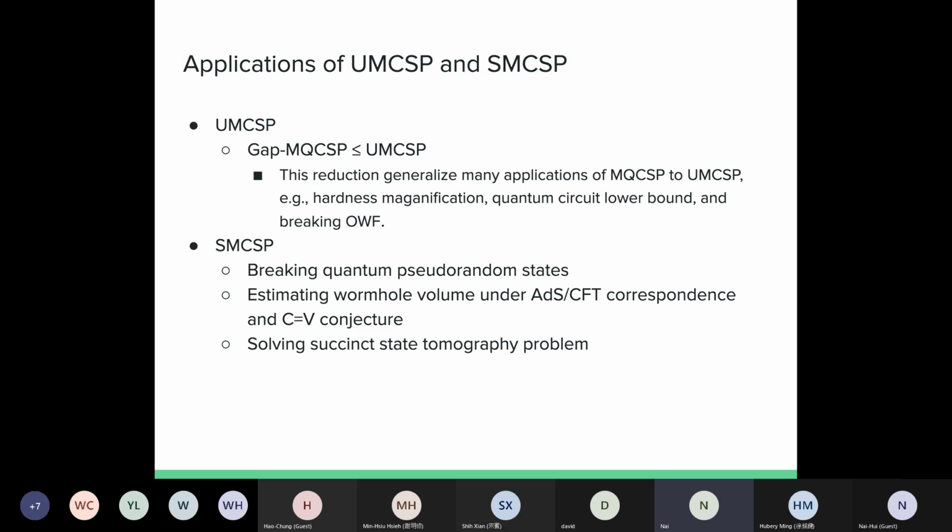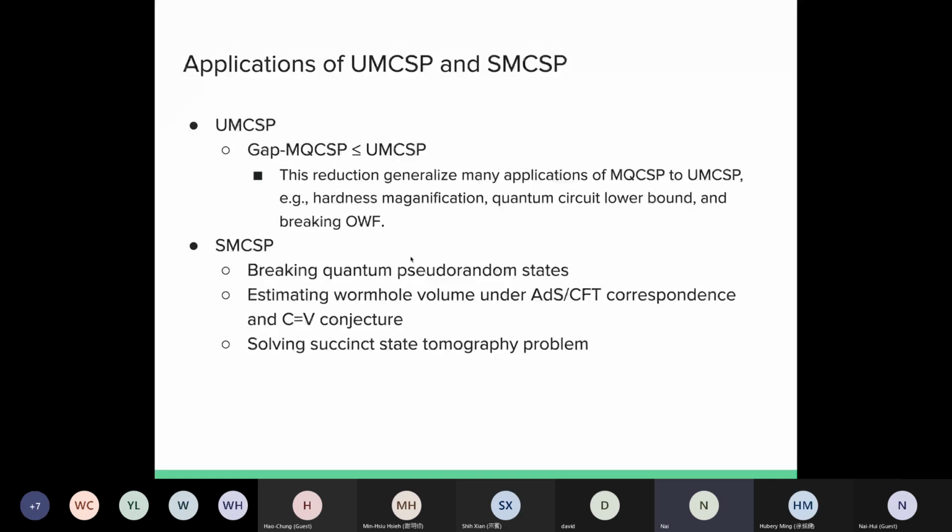A wormhole corresponds to a quantum state, and then there's a conjecture made by Susskind. He said that the volume of the wormhole corresponds to the circuit complexity of that quantum state. There are many details about the model or something, but you can just consider that the volume of a wormhole is equal to the circuit complexity of a certain quantum state.